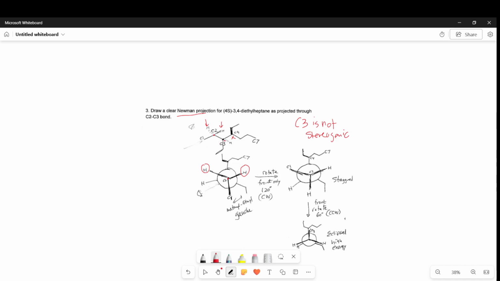At the back you're going to see this ethyl group on C3.